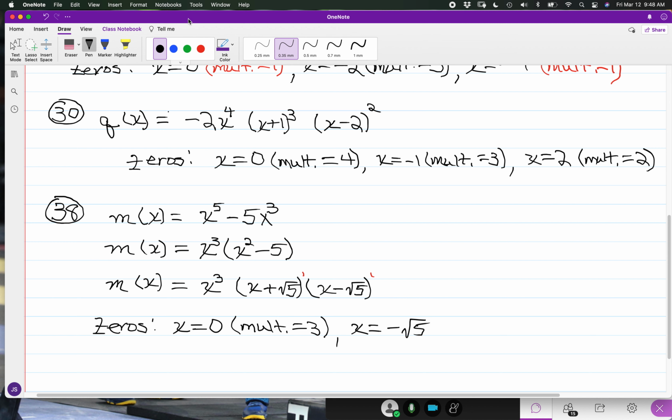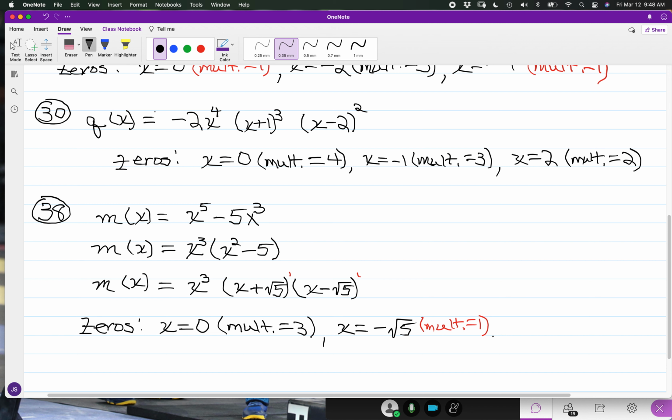Since this corresponding factor is first order, the multiplicity is equal to 1. As for x minus the square root of 5, if I set this equal to 0, I have that x is equal to the square root of 5, and the multiplicity is equal to 1.